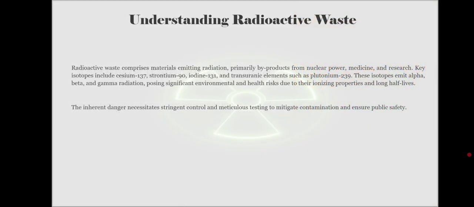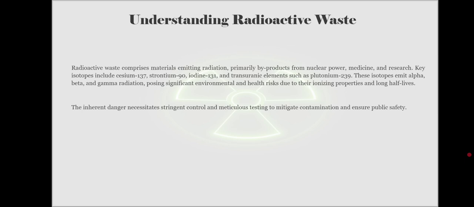First, let's understand what radioactive waste really is. Radioactive waste is a material that emits radiation and is no longer useful. It mainly comes from nuclear reactors, hospitals, and research labs.